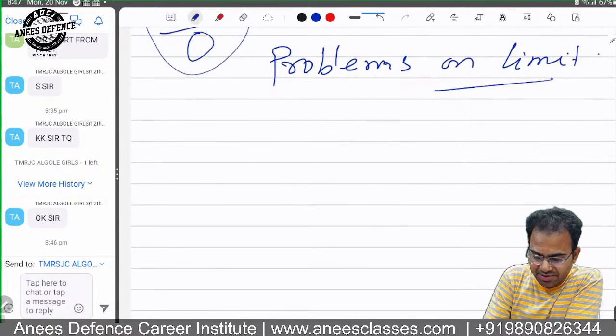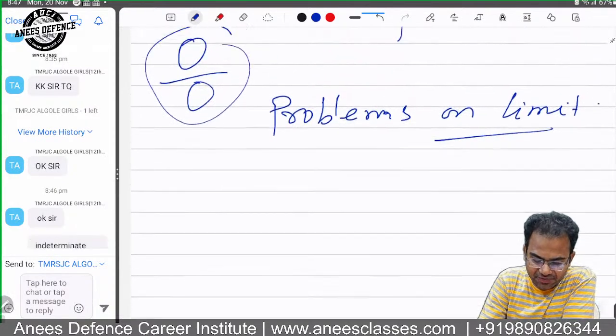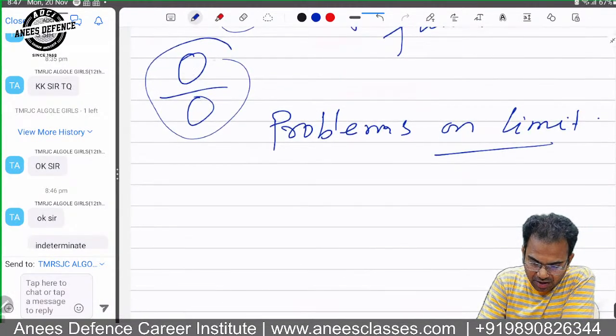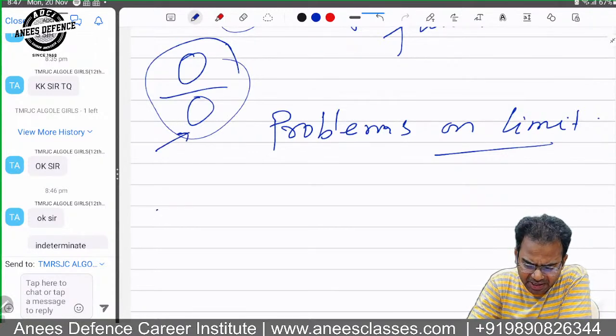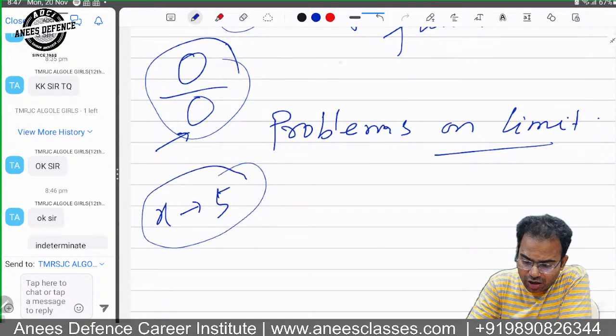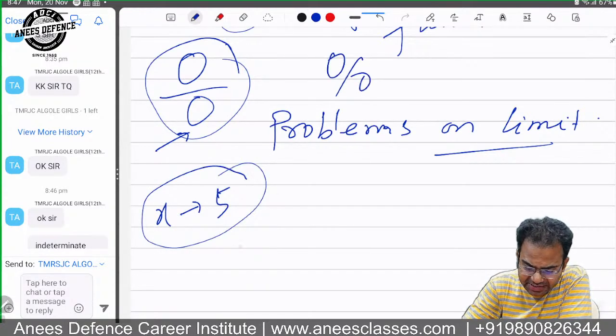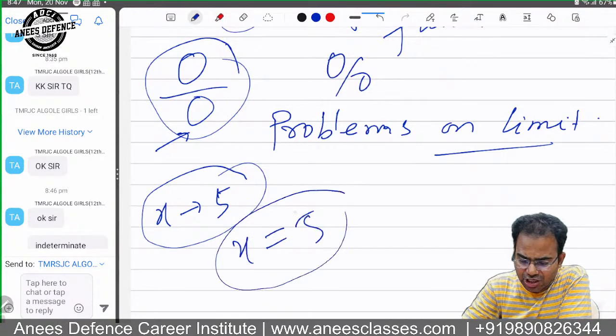Now, problems on limit. The first one, 0 by 0 form. That means if I put x tends to 5, it will show 0 by 0. That means at exactly 5, it is 0 by 0.